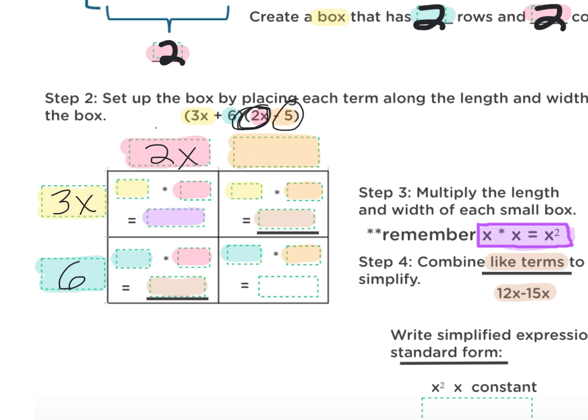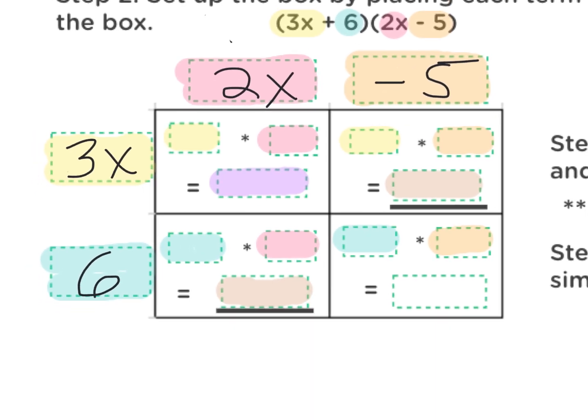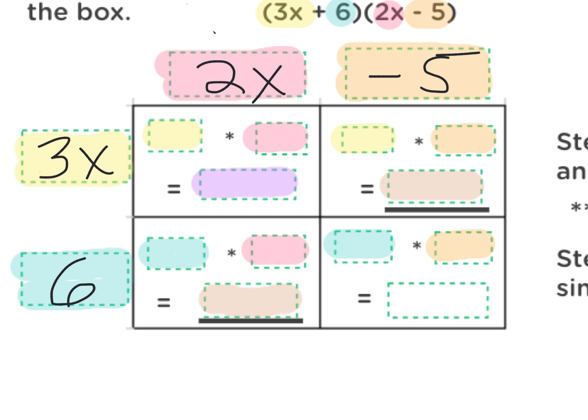Then we'll take the second term of the expression and place it here. So we're using the expressions to make up the length and the width of the box, and we're going to multiply each set inside of the box. And we know what to multiply because we look at the terms that are on the length and the width of the box, and those are the terms that we are going to multiply inside of the box.